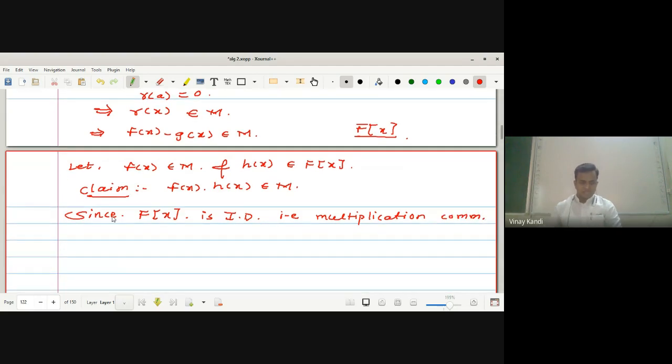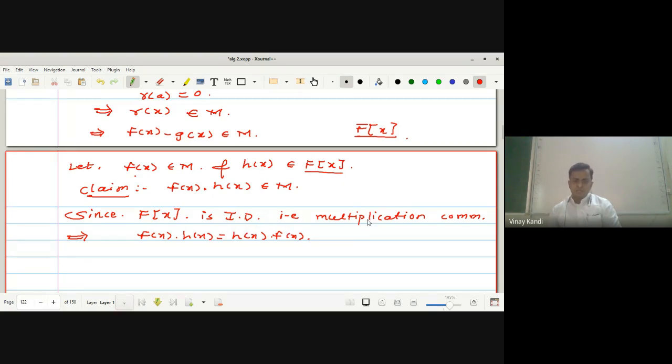So this implies f of x into h of x is equal to h of x into f of x. Here f of x belongs to M, but M is a subset of F of x, so f of x and h of x belong to F of x, but F of x is what? Integral domain.